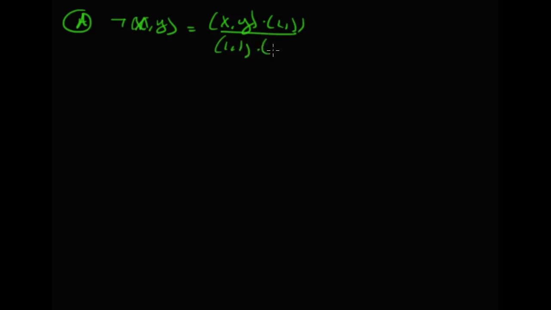So part A says what happens if I do this with x, y. So I'm going to take x, y dot 1, 1 over 1, 1 dot 1, 1 times 1, 1.